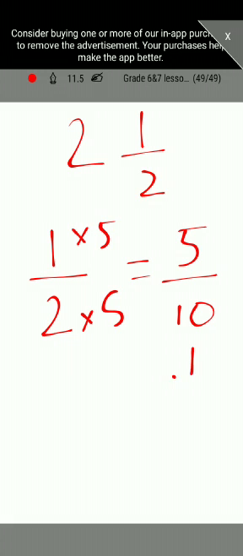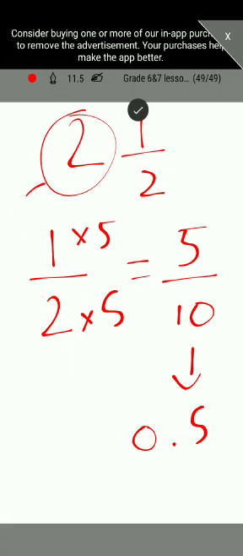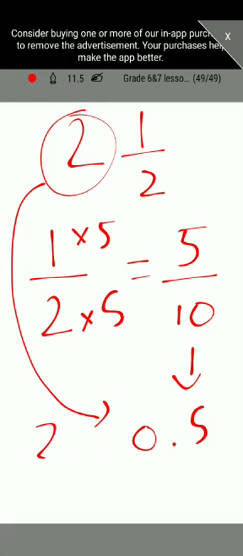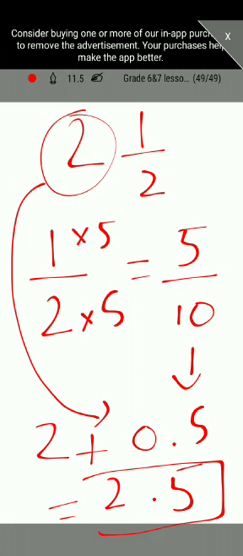And you all know 5/10 in decimal is 0.5. But where will this 2 go? We are going to add this 2 with 0.5, and your answer will become 2.5. 2 plus 0.5 is 2.5. So 2 whole 1 upon 2 is the same as 2.5.